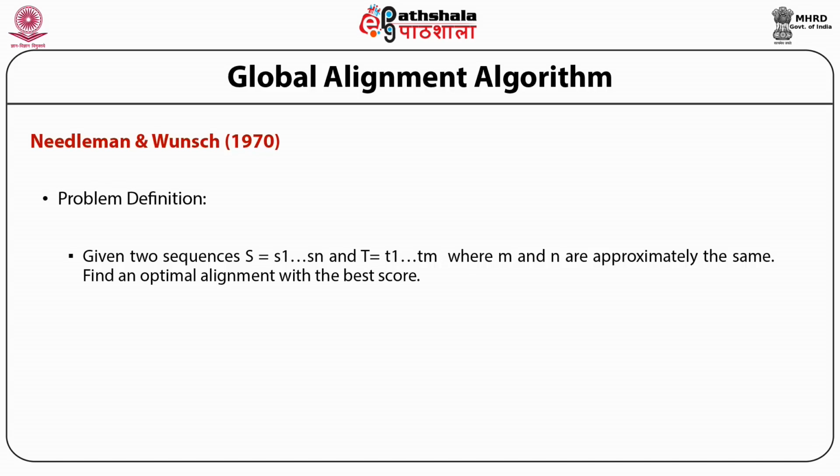Our problem in global alignment is to find an optimal alignment, a matching which gives us the best score. In so doing, we just have to add gaps or spaces or indel operations in one or both of the sequences so as to have the maximal score.